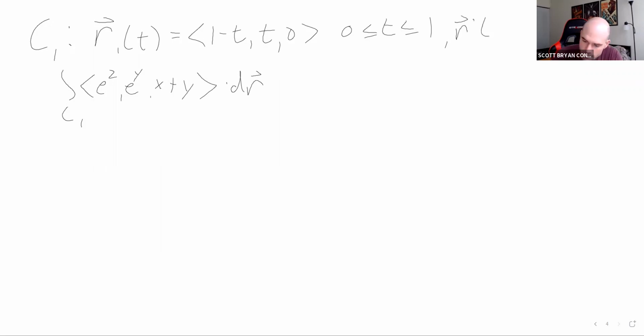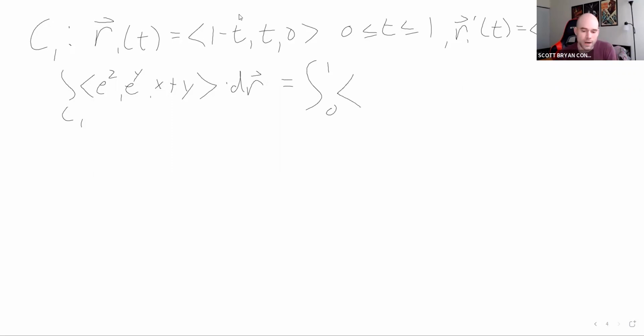So what's our r prime of t going to be? R1 prime of t is going to be negative 1, 1, 0. So we integrate from 0 to 1.